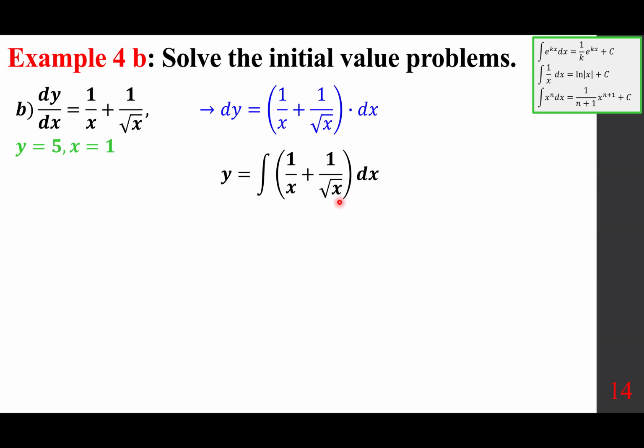So to integrate this we are not going to touch this. This is x to the power of 1/2. Comes up, becomes x to the power of negative 1/2, and we do so because we want to make it ready for integration, anti-differentiation.